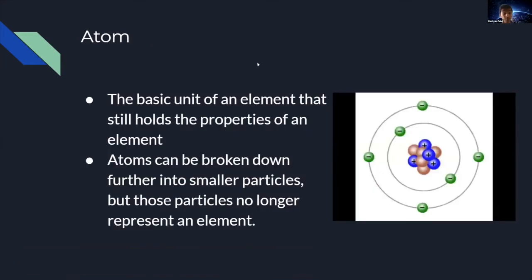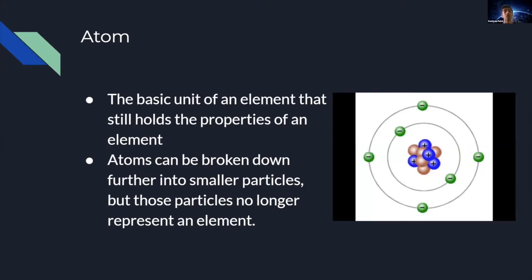Okay, so let's start with the atom. The atom is the basic unit of an element that holds the properties of an element. Now, what does this mean? If you take an element and break it down into smaller pieces, you'll keep getting smaller pieces until you get an atom, and that atom is still part of the element.